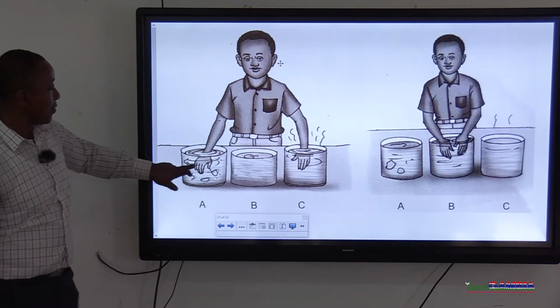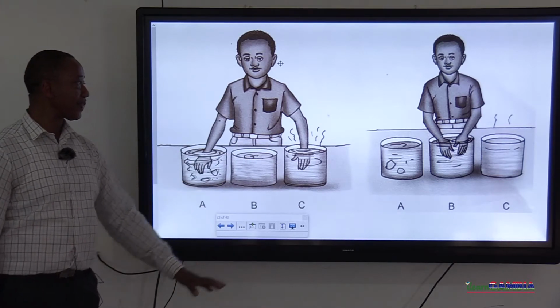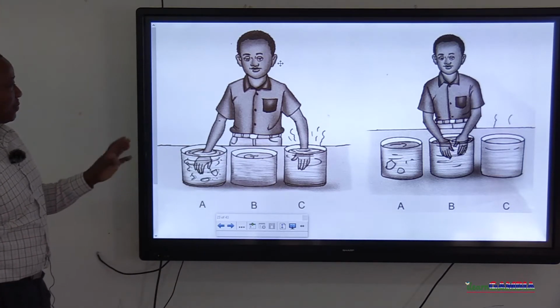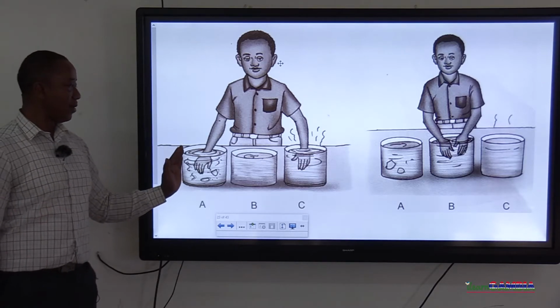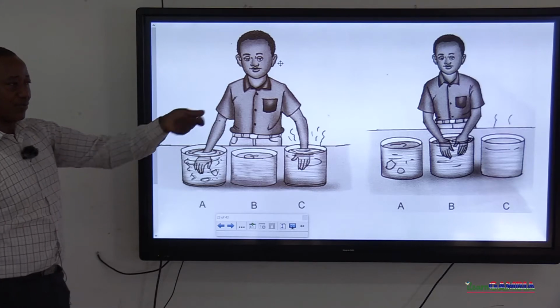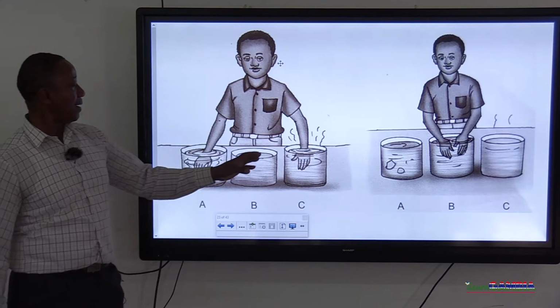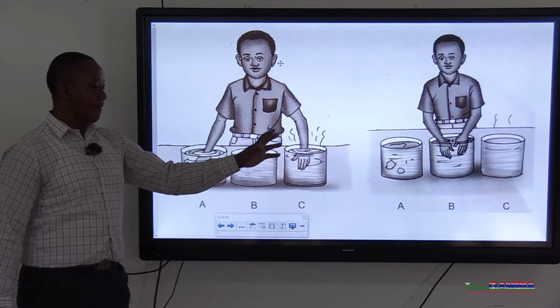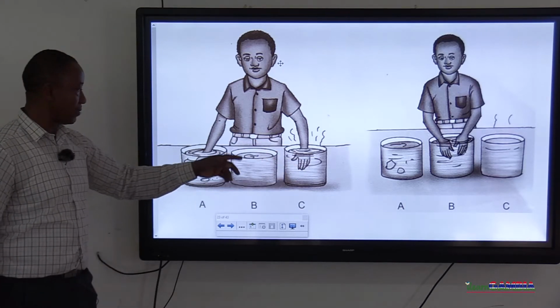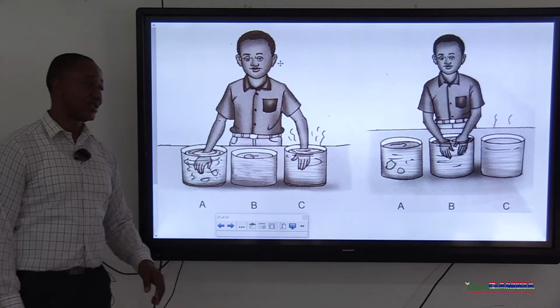You can see you have 3 containers labeled A, B, C. And when we look at the instruction, briefly it is saying in one of them, you're putting water at normal temperature, like water you get from the tap, which is about room temperature. And in one, you are having hot water, not very, very hot, because you have to be careful so you don't burn your skin. You have hot water.